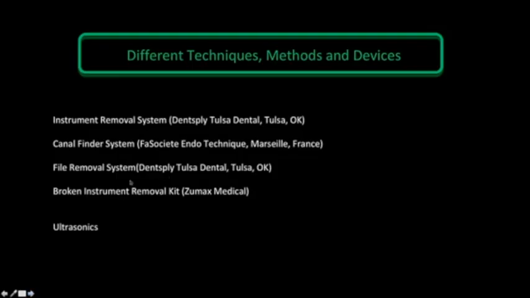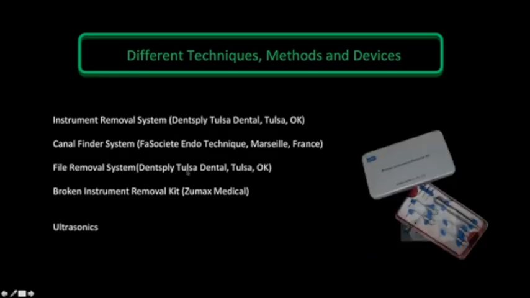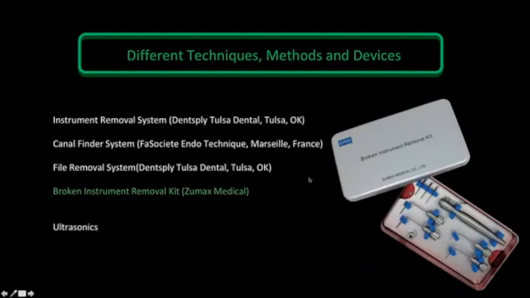Moving on, we have more kits for retrieval. The instrument removal system from Dentsply, the IRS, the canal finder, the French instrument for the retrieval, the file remover system, which is a variant of the IRS. This is the file remover, and the broken instrument retrieval kit from Zumax, which I'm going to show cases using this technique.